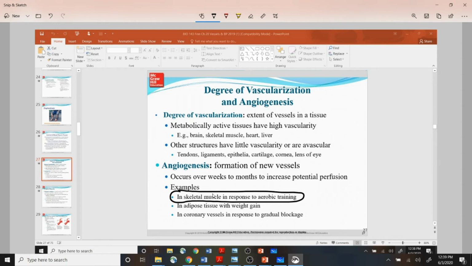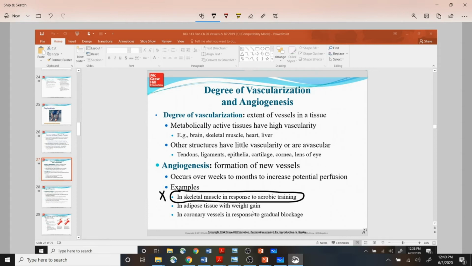If you're working hard aerobically, you would develop more blood vessels, you would deliver more oxygen, you would get the production of more ATP more efficiently. That's a hard word to say. So again, don't ignore my bad English. Angiogenesis, I guess. We want that to happen here in skeletal muscle, okay?